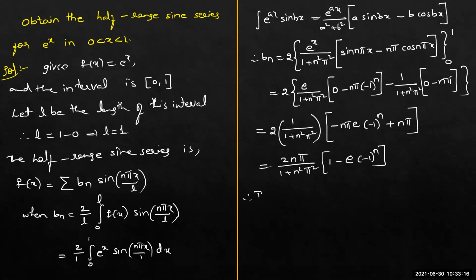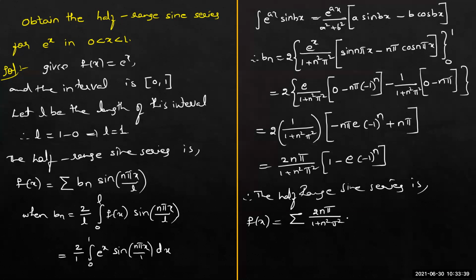Therefore, the half range sine series is fx is equals to summation bn, I'm writing all this, 2n pi divided by 1 plus n square pi square into 1 minus e into minus 1 to the power of n, right?